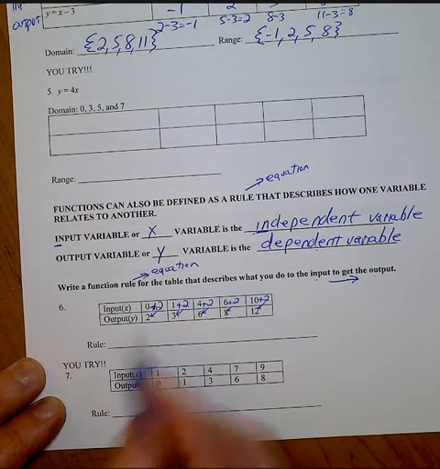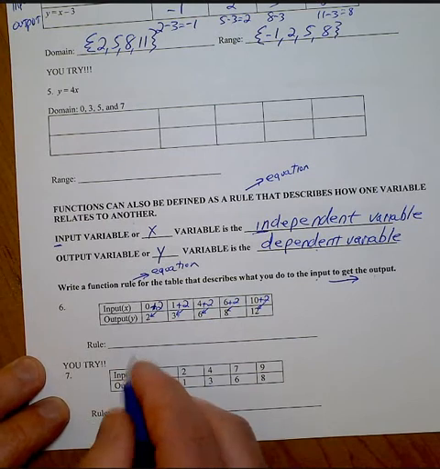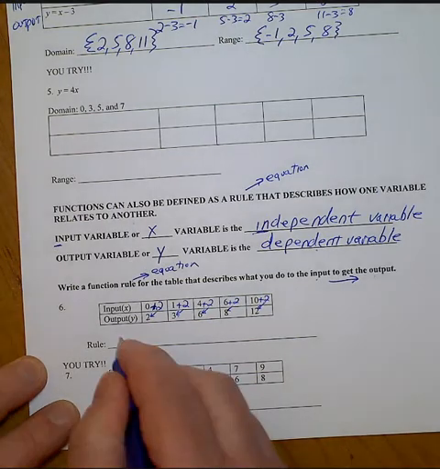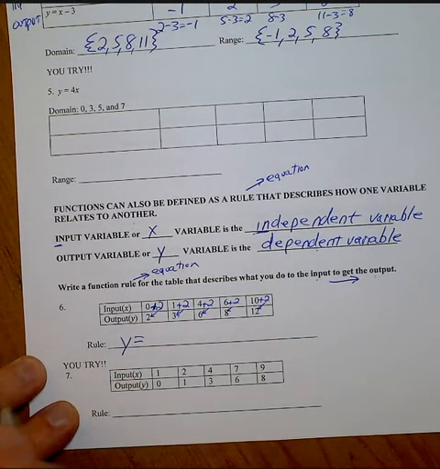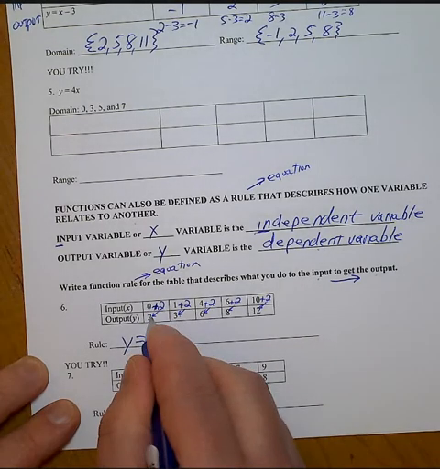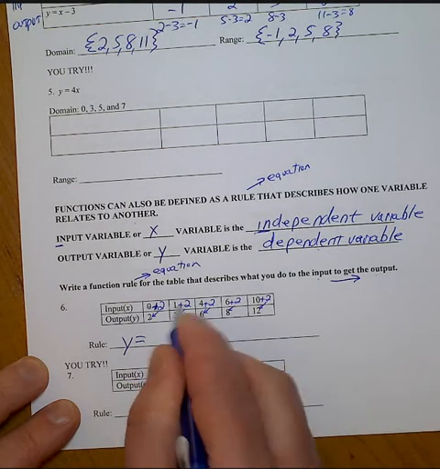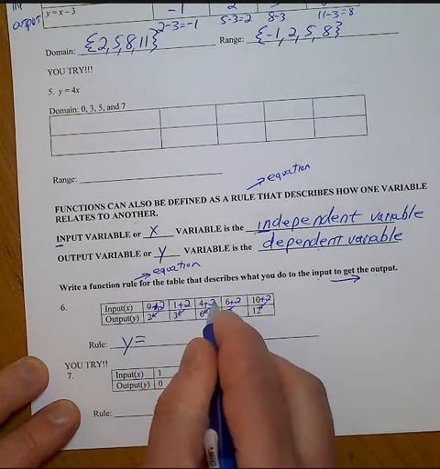So, what do I do to this input to get to the output? My rule is an equation. Y equals, that's how our rule is going to start every time. If I'm at 0, I add 2 to get to 2. At 1, I add 2 to get to 3. At 4, I add 2 to get to 6.